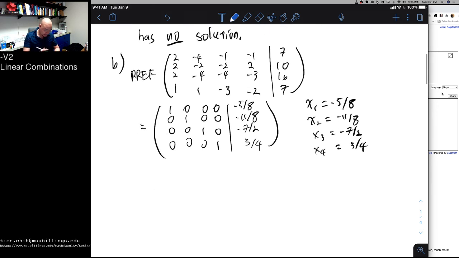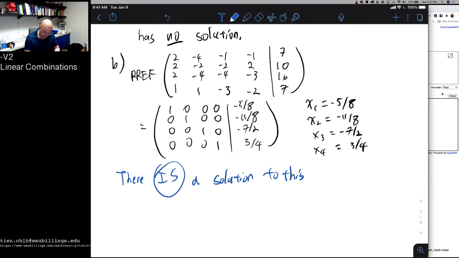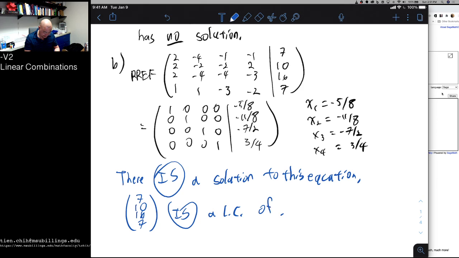So there is a solution to this equation. Our vector 7, 10, 16, 7 is a linear combination of the other vectors.